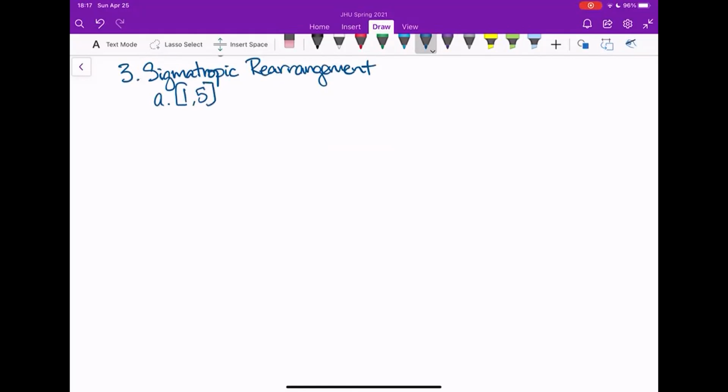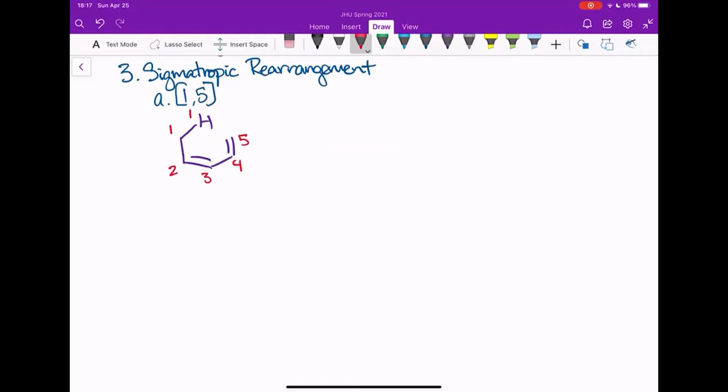And so if we have an example molecule like that, the most important part of the sigmatropic reactions is just numbering your atoms. And so your hydrogen and the carbon adjacent to it will be numbered 1, and then the rest will be numbered in order.